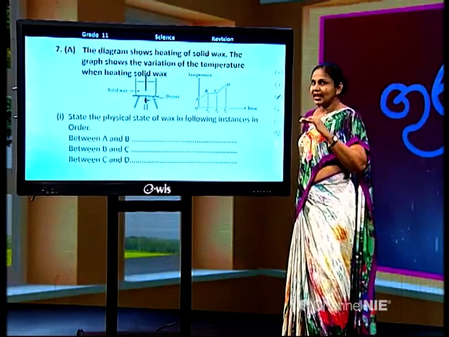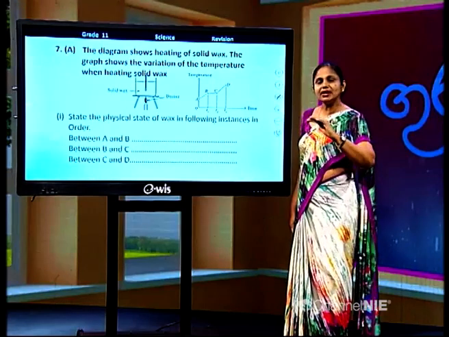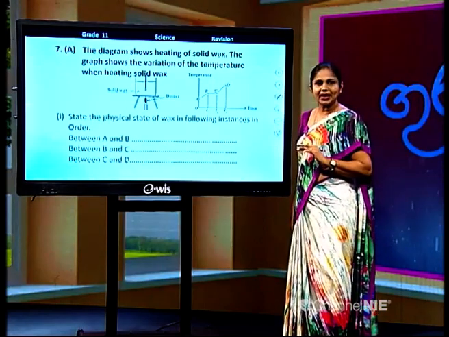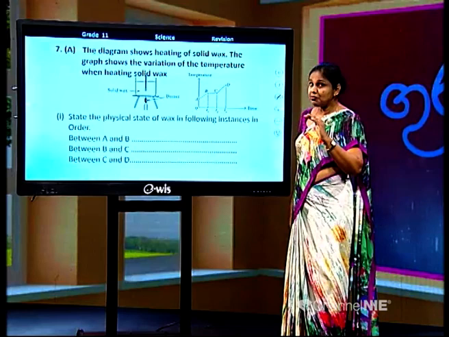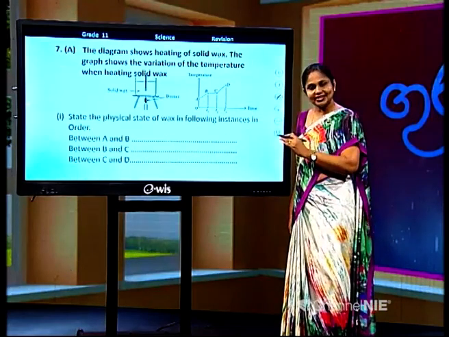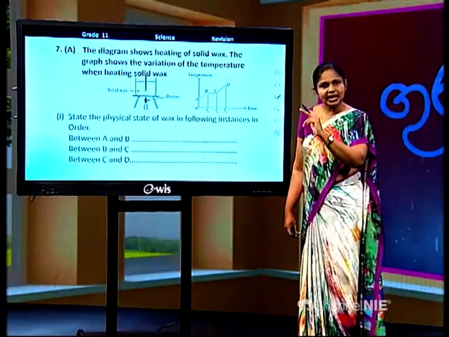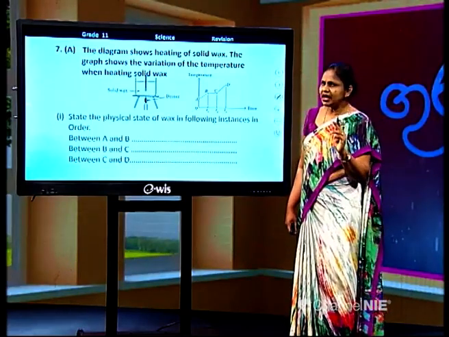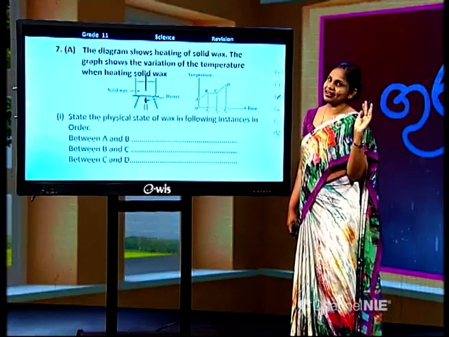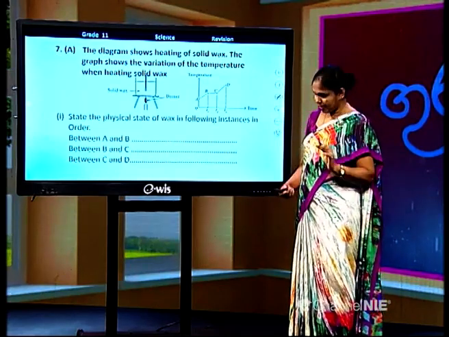That means this must be the melting point of wax. So at this time, wax starts to melt. Therefore, in between A and B, the physical state of wax must be solid.